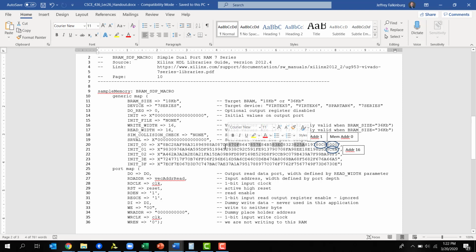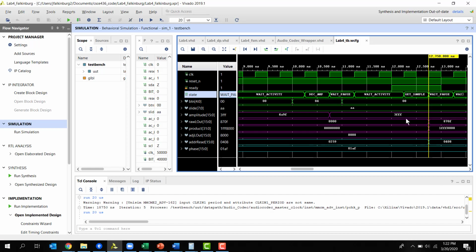Notice that ninth value is 870F, which just happens to be that next increment value. If you remember back from previous lessons for lookup tables, you're going to actually have to take that value and the next value and calculate your offset to get some linear interpolation in between there.